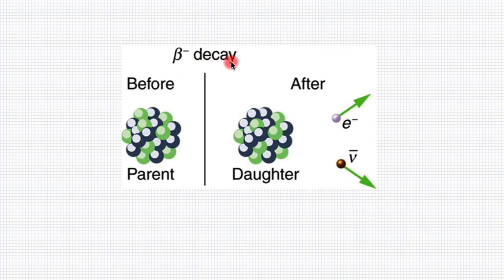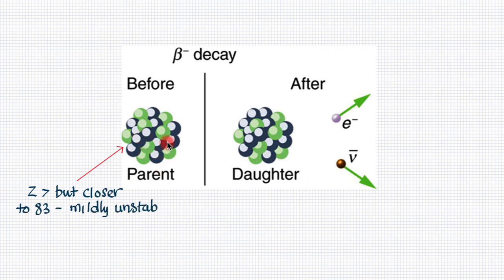Now, beta decay, or in this particular case beta minus decay, which represents an electron, is an example of a spontaneous decay reaction that results due to the weak nuclear force, as opposed to alpha decay, which is due to the strong nuclear force. And if we think about the unstable nucleus here, the proton number is still greater than, but closer to 83 than, let's say, a uranium nucleus, which has a proton number of 92.